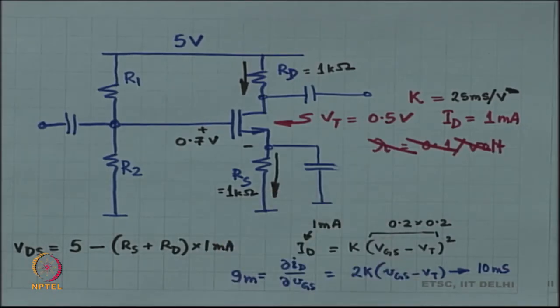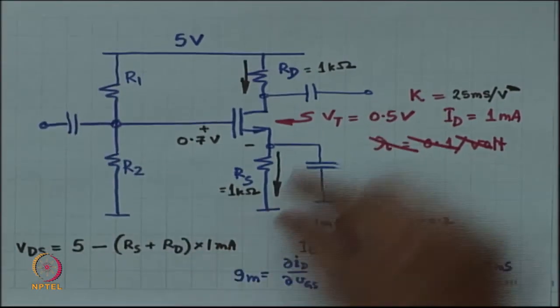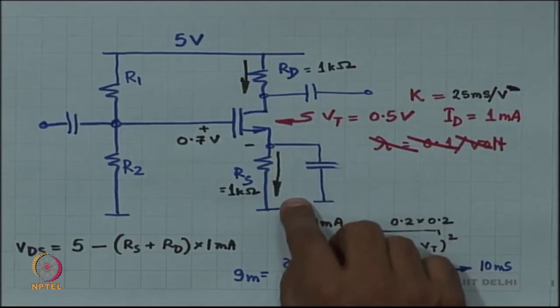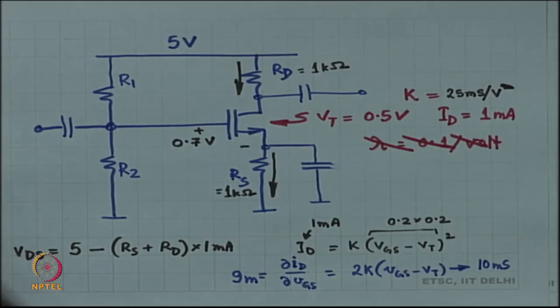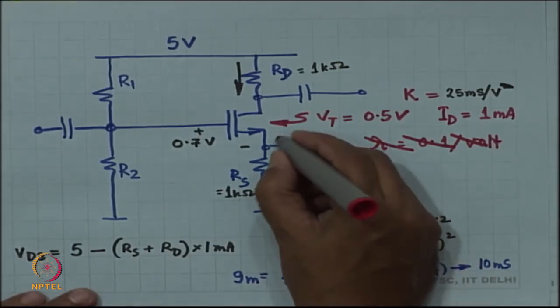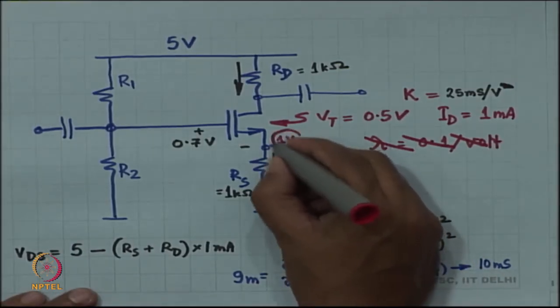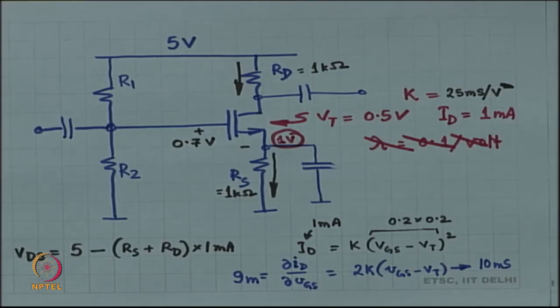Okay. Now, what happens at DC? By the way, what are R1 and R2? This is 1 kilo ohm, 1 milliampere. So, the drop across this is 1 volt. So, the absolute voltage over here, the DC operating point voltage at the source is 1 volt.